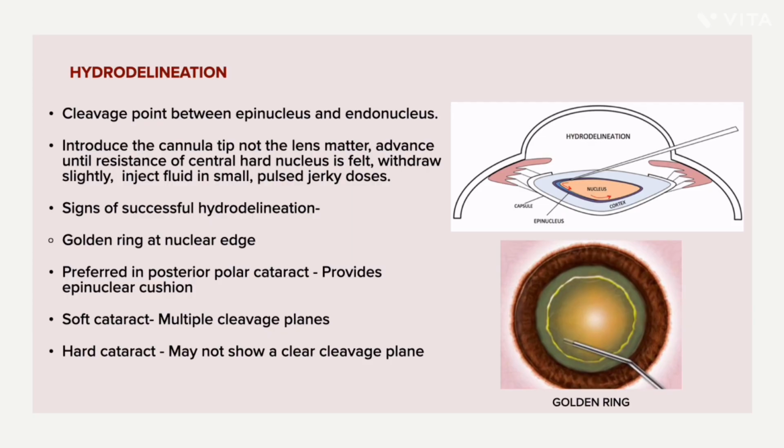A key sign of success is the golden ring seen at the nuclear edge, especially useful in posterior polar cataracts as the epinucleus acts as a protective cushion. In soft cataracts, multiple cleavage planes may form easily, but in hard cataracts, a clear plane may not always be visible. Overall, it facilitates safer nucleus management and reduces the stress on the posterior capsule.